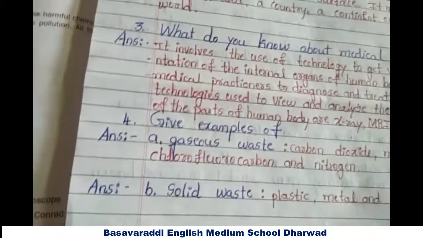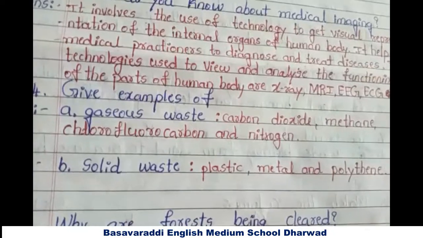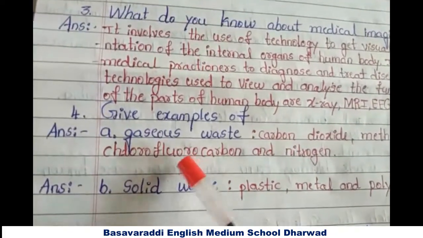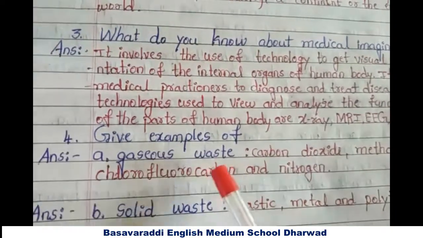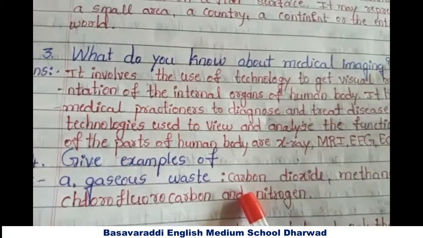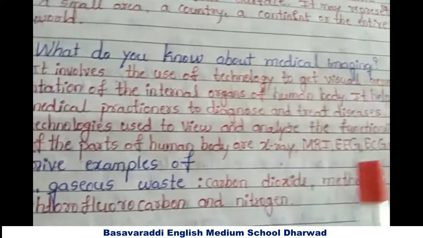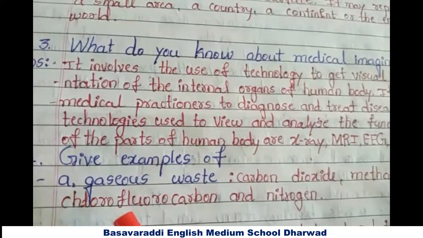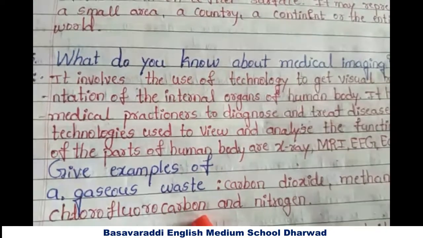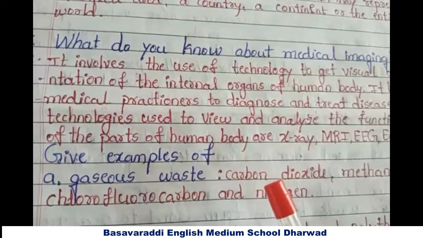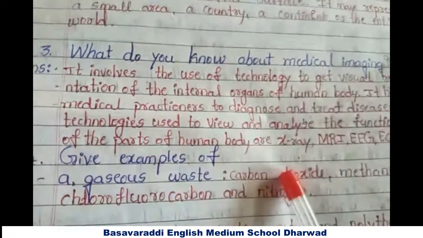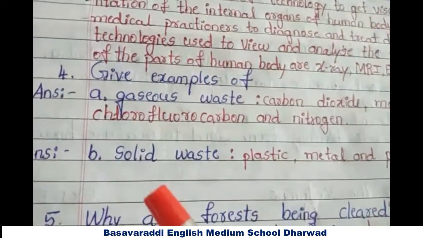Fourth question. Give examples of gaseous waste: carbon dioxide, methane, chlorofluorocarbon and nitrogen. These are examples of gaseous waste.